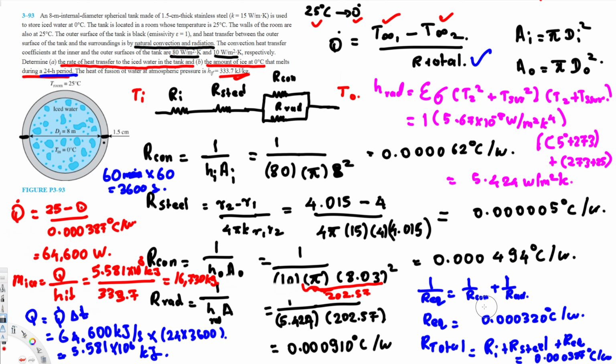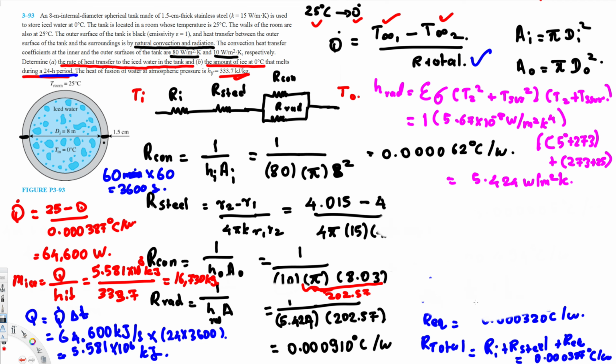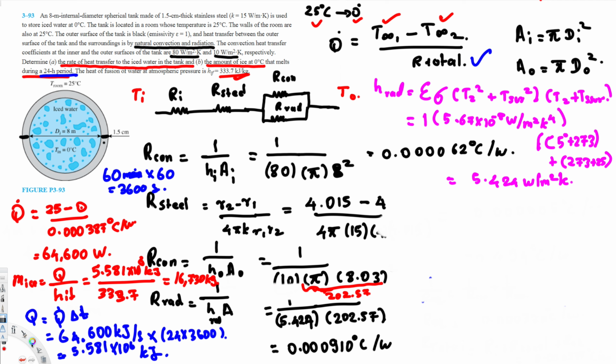So this is the answer for the second part, 16,730 kilogram. So we have done those two parts. Now let's analyze this surface temperature, 5 degrees.